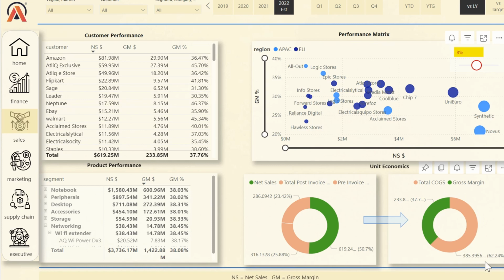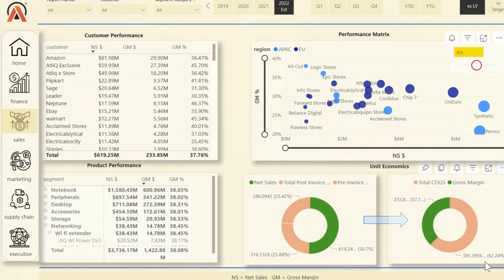It is a lot actually, and it can give you the insight into why you are not getting a good gross margin, because the total cost of goods sold is much higher than the gross margin. So these are the insights that you can get from the sales view.